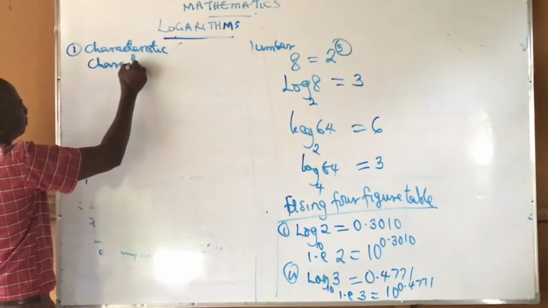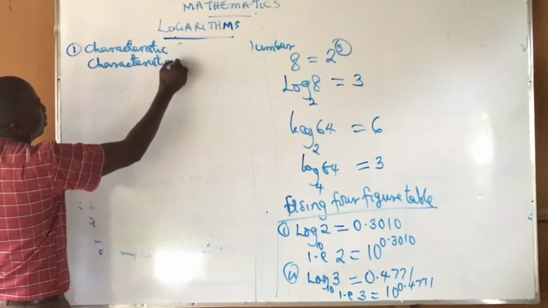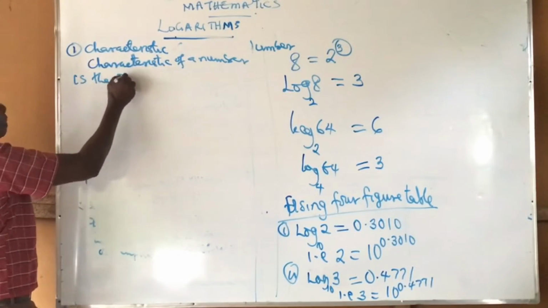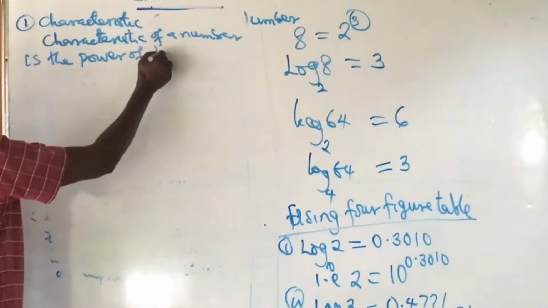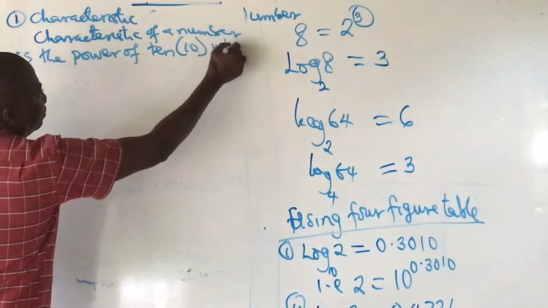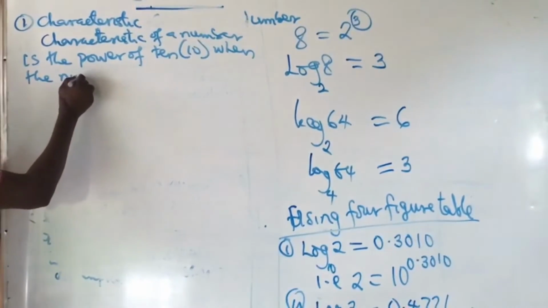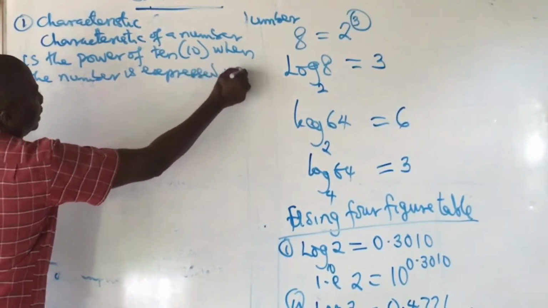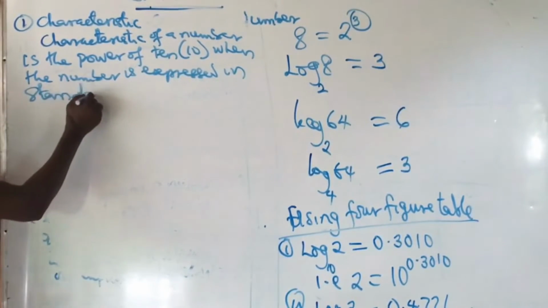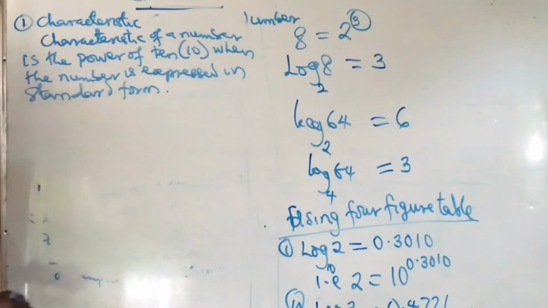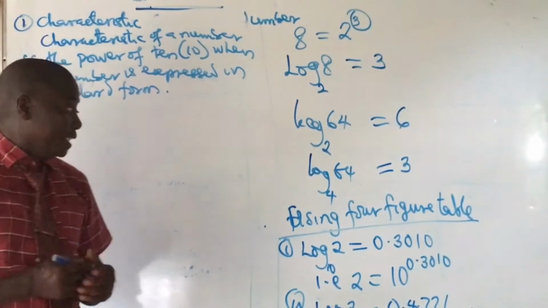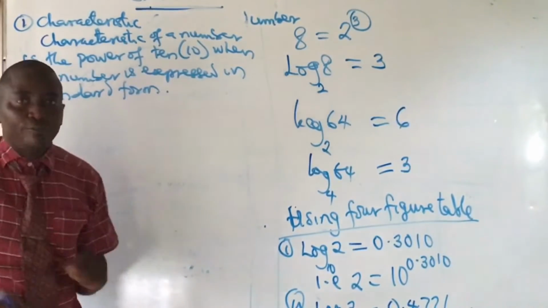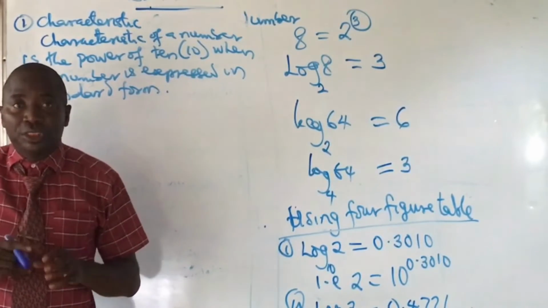Characteristics of a number is the power of 10 when the number is expressed in standard form. That is why to teach logarithm, especially using the 4-figure table, you must first of all teach standard form, and that is why we teach standard form.